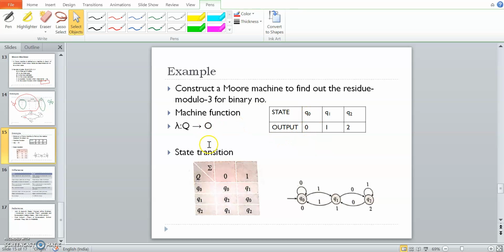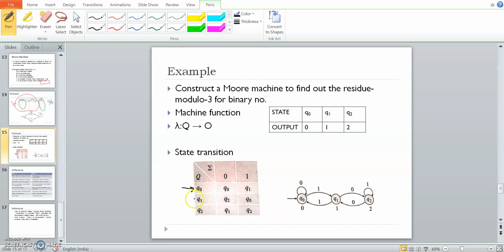Out of Q0, Q1, Q2, which one is the initial state? Here the initial state is Q0, because we are starting with remainder 0. So we are in the state Q0. This is our initial state.